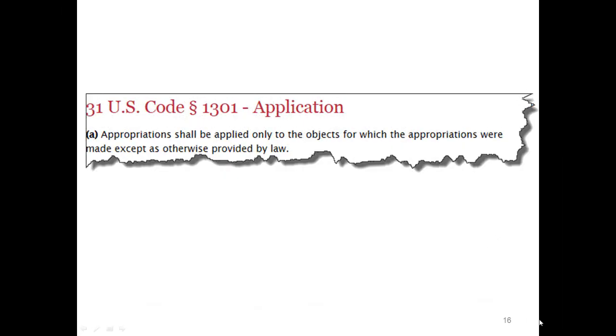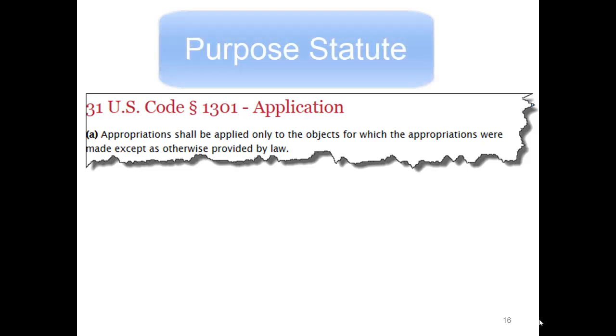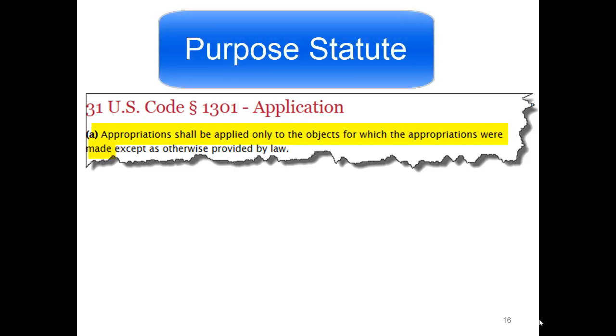This language, which has been codified in Section 1301 of Title 31 of the U.S. Code, is referred to as the Purpose Statute. Appropriations shall be applied only to the objects for which the appropriations were made.